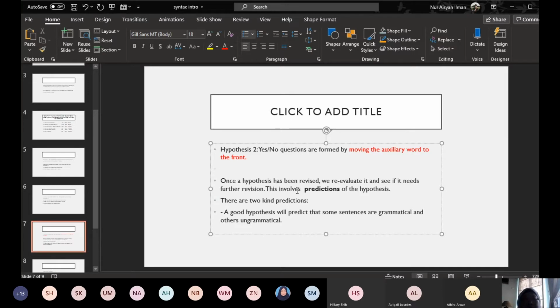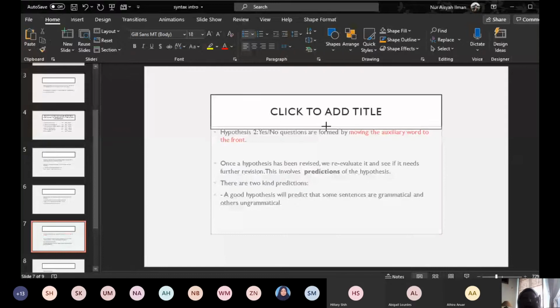So here we say once a hypothesis has been revised, we re-evaluate it and see if it needs further revision. What we've done just now is we predict. It involves predictions of the hypothesis. So a good hypothesis will predict that some sentences are grammatical and others ungrammatical.